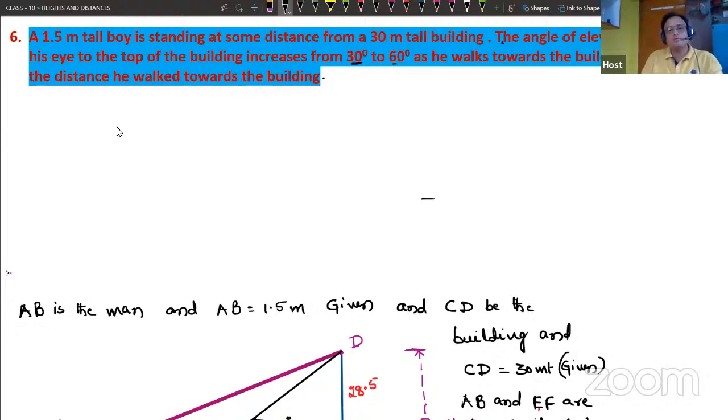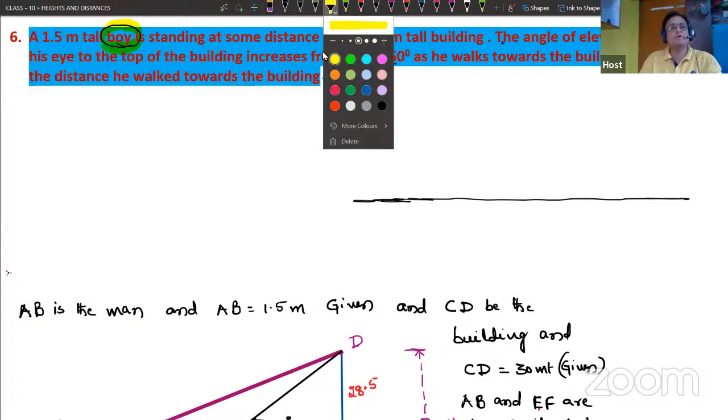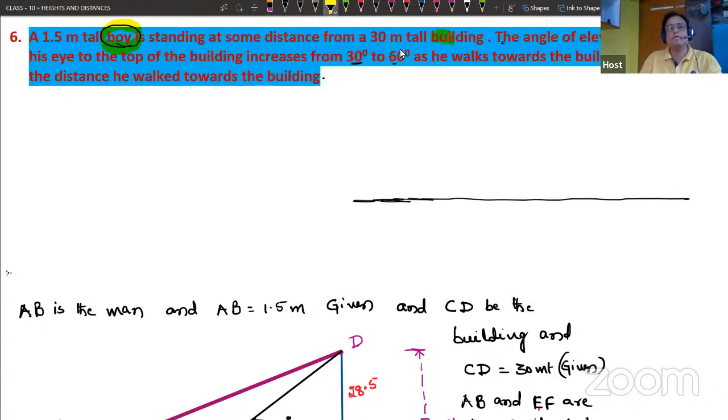Suppose this is the level ground. First, you need to understand, there is a boy and a building. Look at here. This is the building.